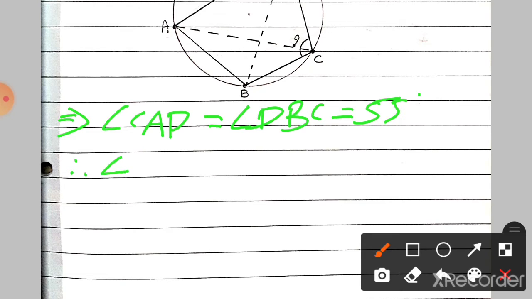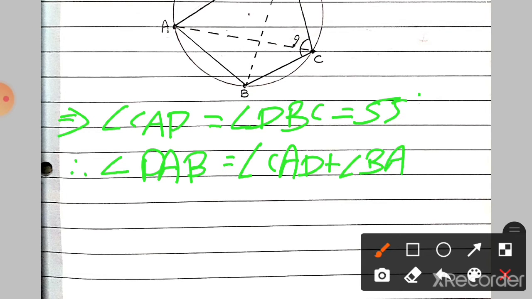Therefore, angle DAB is equal to angle CAD plus angle BAC is equal to 45 degrees plus 55 degrees is equal to 100 degrees.